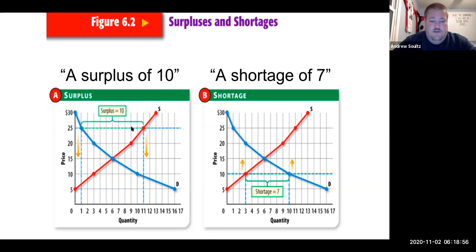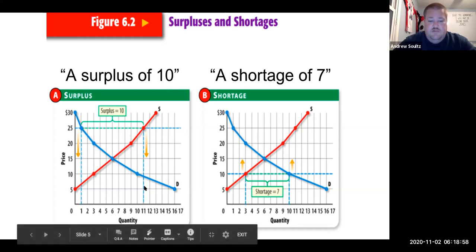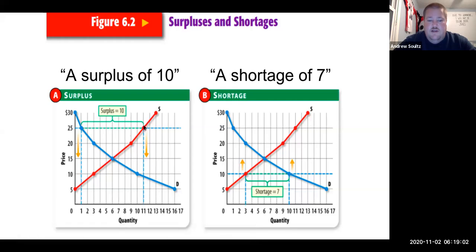The quantity supplied is 11 when the price is 25. The quantity demanded is 1 when the price is 25. So you do the quantity supplied minus the quantity demanded: 11 minus 1 is 10, and it's a positive number, so we have a surplus of 10.